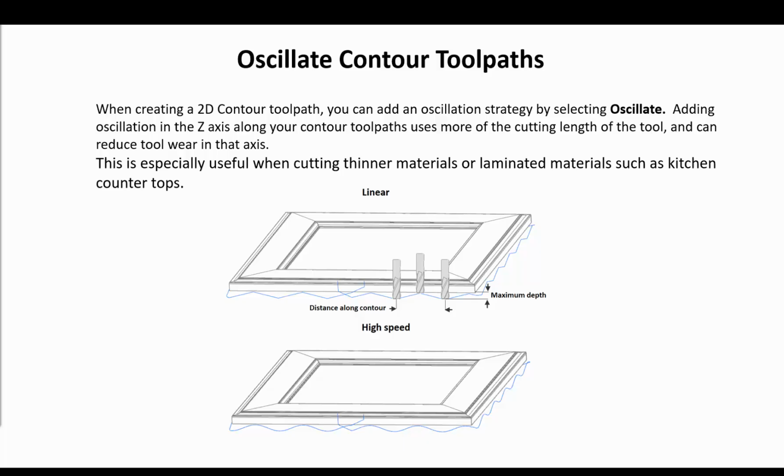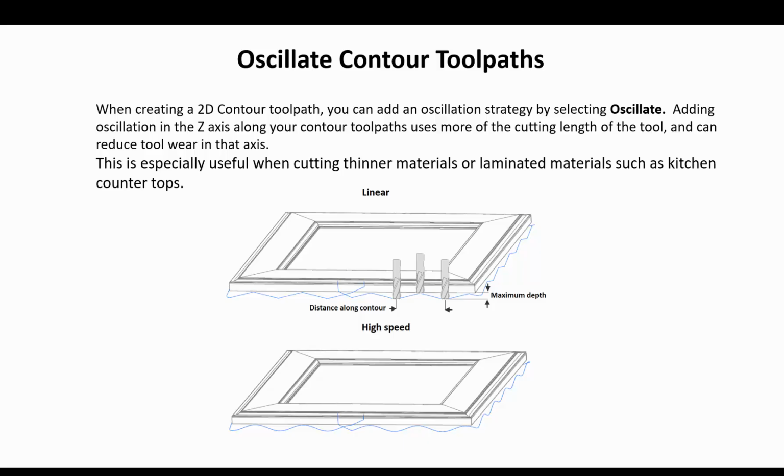Mastercam provides an oscillation strategy for its mill and router contour toolpaths. You can choose a linear, zigzag, or a smoother high-speed oscillation movement. You also define the maximum depth and the distance along contour for the oscillating tool movement.